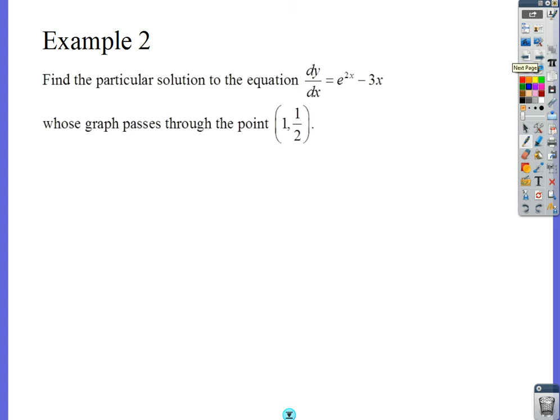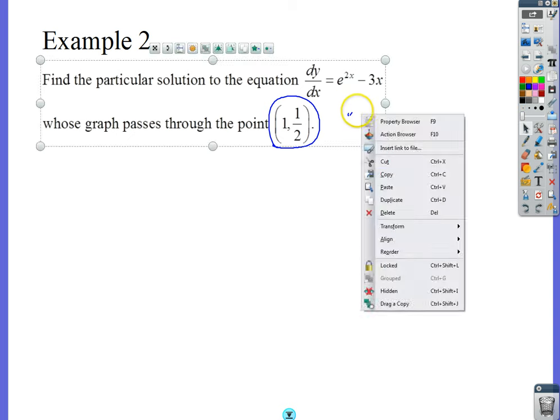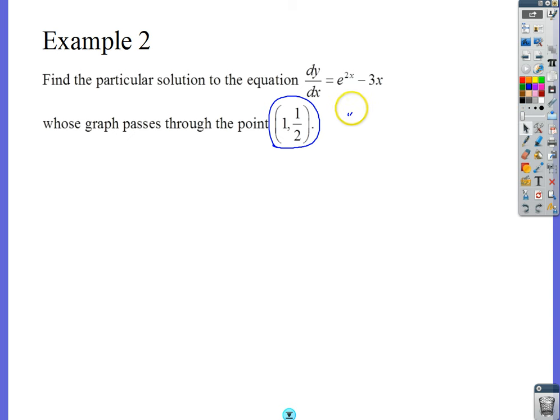In this example, the difference is they give me a point at the end. So with this point, I'm going to go ahead and plug in. I'll set it up the same way: dy over dx is equal to e to the 2x minus 3x.